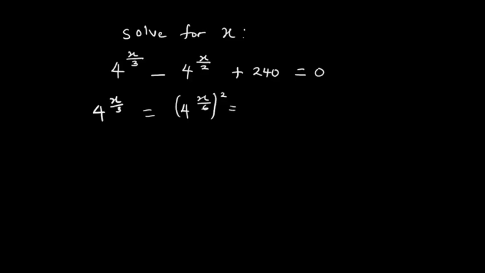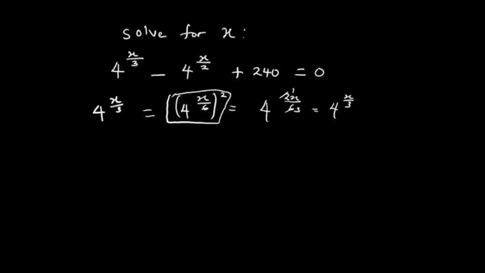This is the same thing as 4 to the power of 2x over 6. Then these two cancel out, still the same thing, 4 to the power of x over 3. So that means I can write 4 to the power of x over 3 as this.